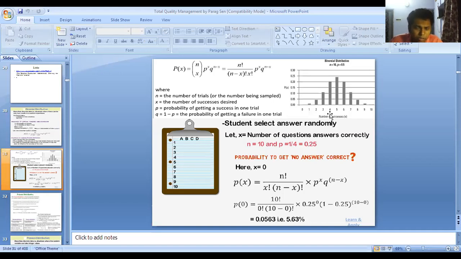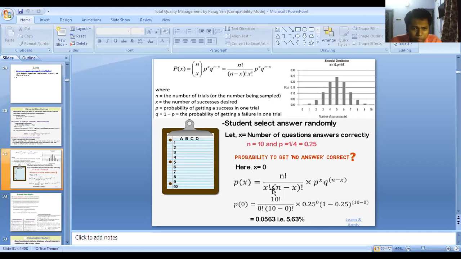That is just like the binomial distribution, because suppose you have been given 10 questions, and out of 10 questions some answers are correct, some answers are incorrect.